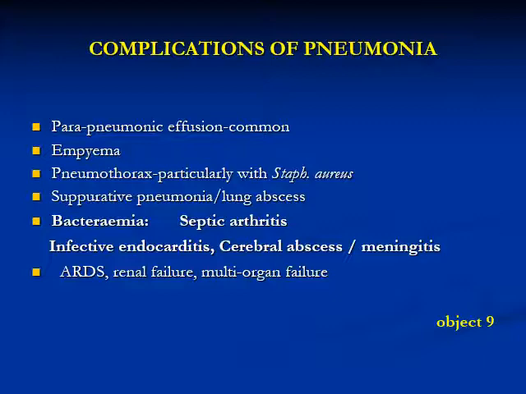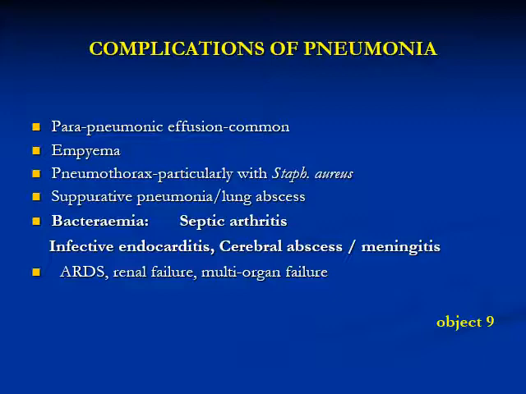The commonest complication of lobar pneumonia, as I mentioned, because lobar pneumonia involves the pleura, results in pleurisy and pleural effusion. So the commonest complication is parapneumonic or post-pneumonic pleural effusion. The effusion here is an exudate and responds to antibiotics.